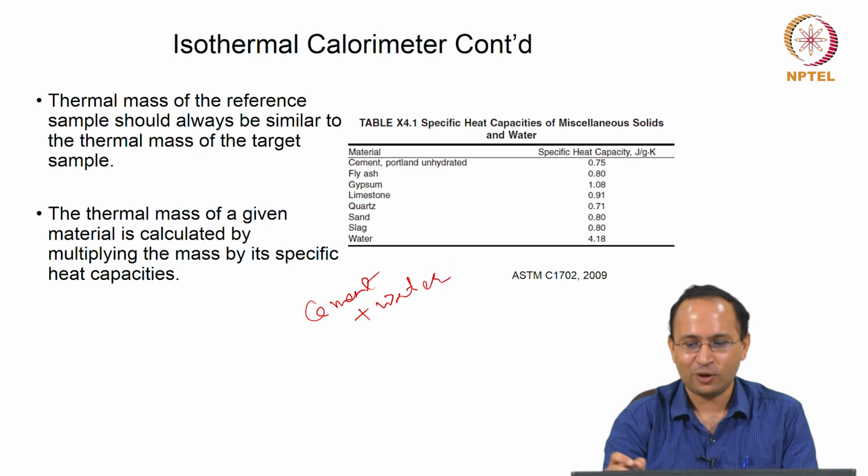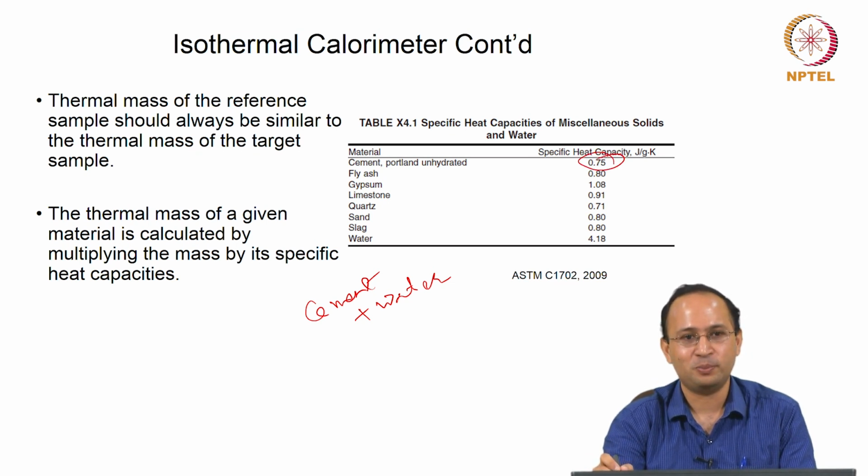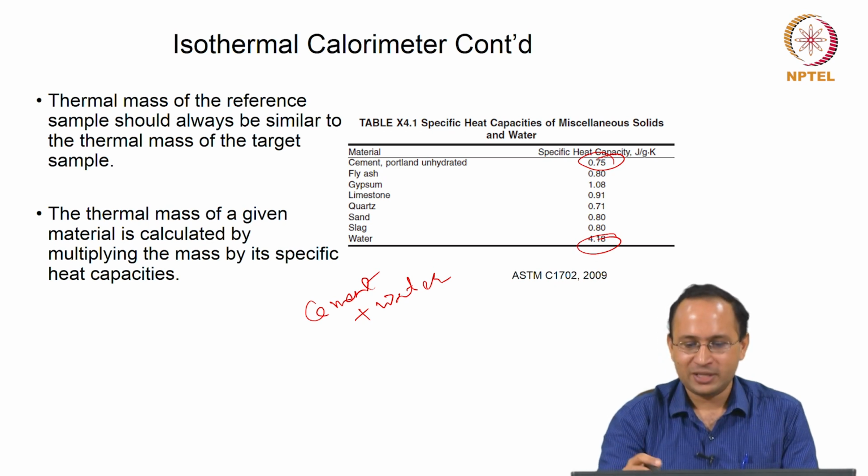The heat capacity of cement, in this table you can see, is 0.75 joule per gram per Kelvin, and water is 4.18.